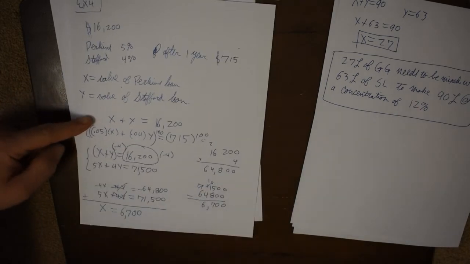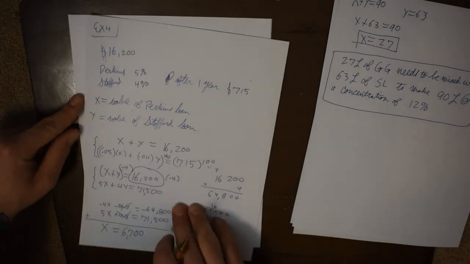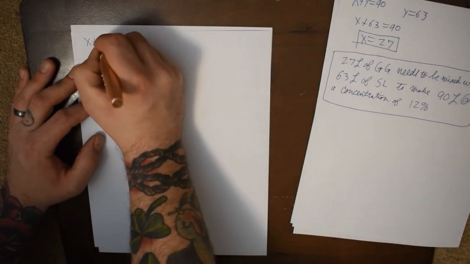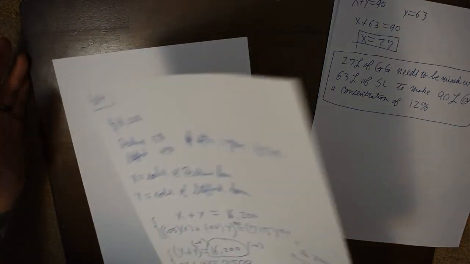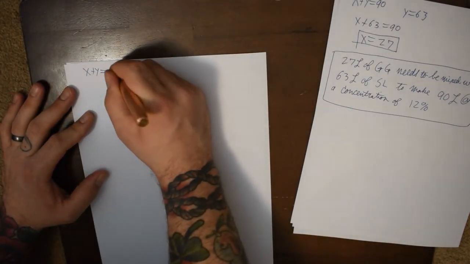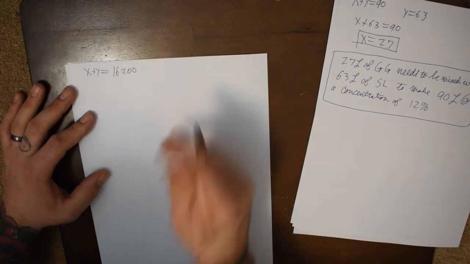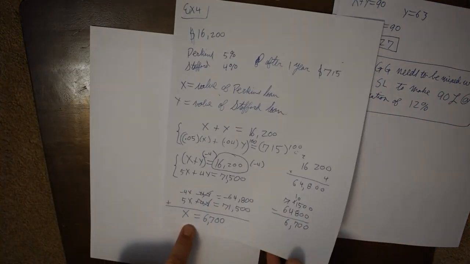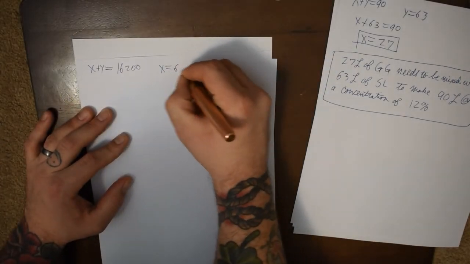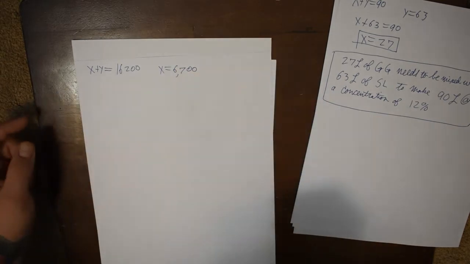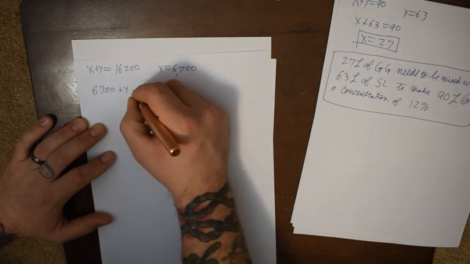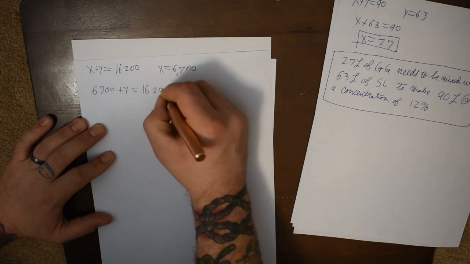Now that we know what x is, we could pick either of these equations. One of them is going to be a whole lot easier to work with, so let's do that. We know that the sum of x and y is 16,200, and we learned that x was 6,700. That means that 6,700 plus y has to equal 16,200.